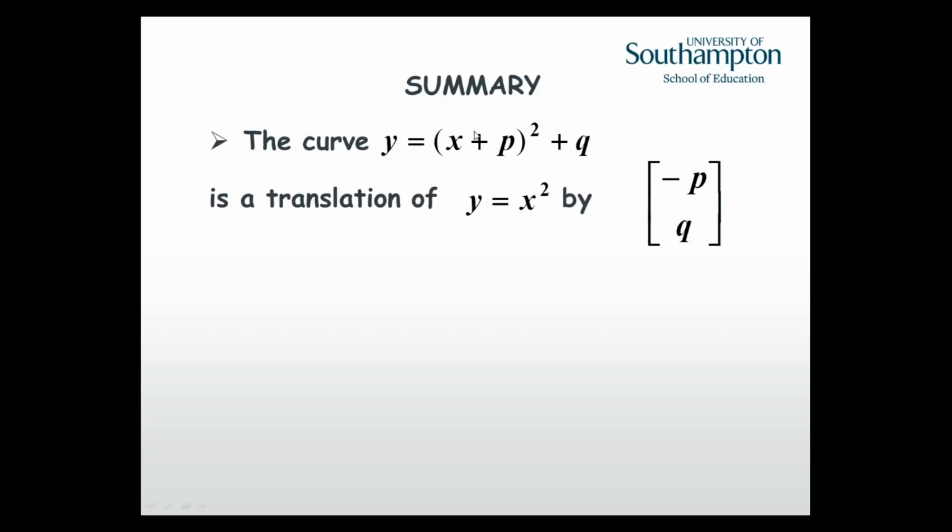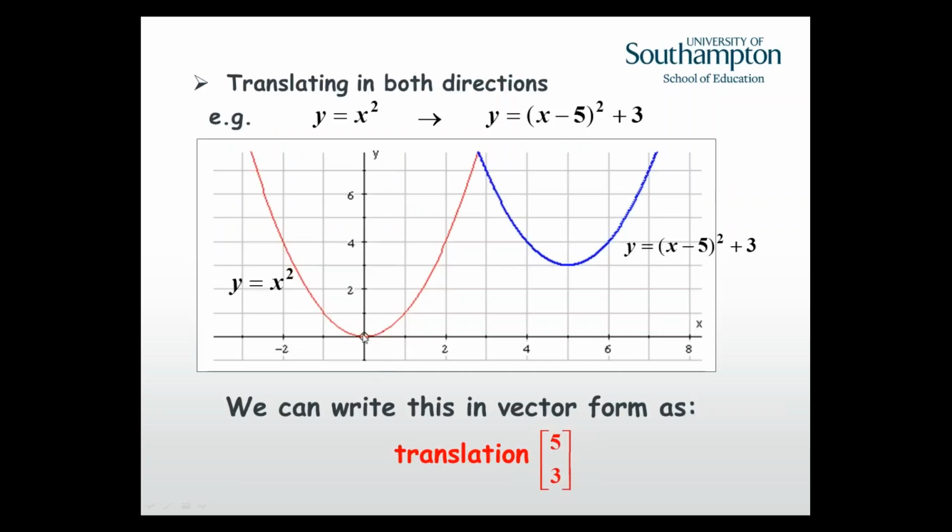You might sometimes see this written with a minus there in order to make that a positive there. It doesn't matter. All that you have to be aware of is that it's the opposite sign. The kids get a bit confused because they learn it by rote and then don't really appreciate that it's the opposite sign. So if that's negative, that will be positive. The vertex given by that translation, minus p, q, because what we are basically doing when we move the graph around is you can think of picking it up at the vertex and moving the translation. It's a helpful way to do it.